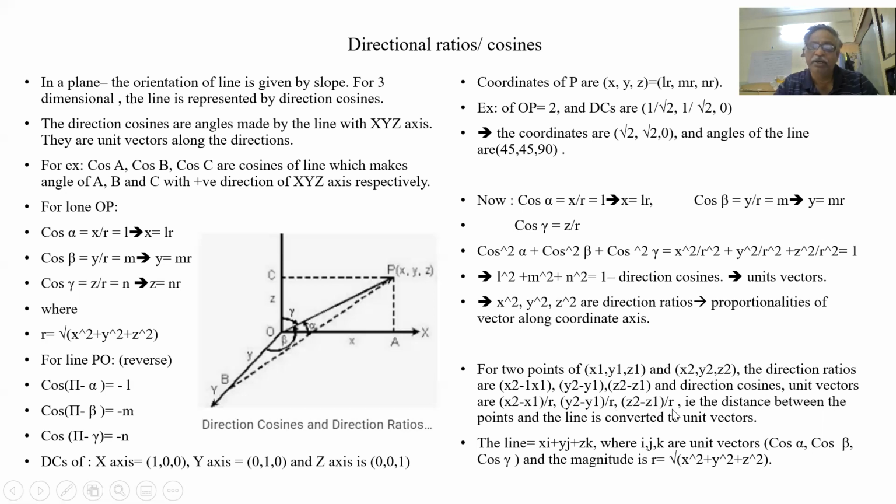What is r here? R is nothing but the root of x2 minus x1 whole square plus y2 minus y1 whole square plus z2 minus z1 whole square. This is the distance between the 2 points. So these are the direction cosines between the 2 points. This is L, this is M, this is N. Start, its origin is at x1, y1, z1.